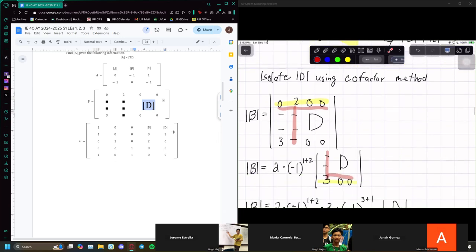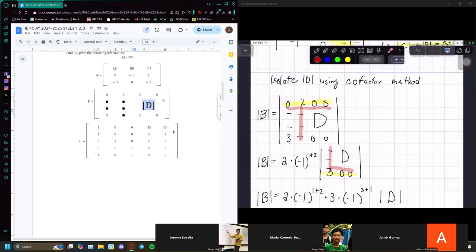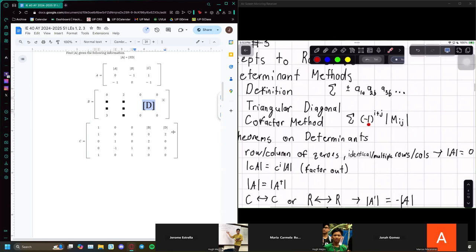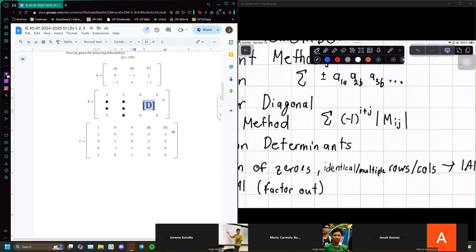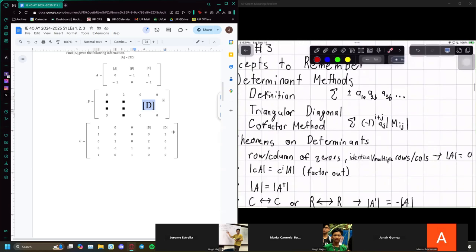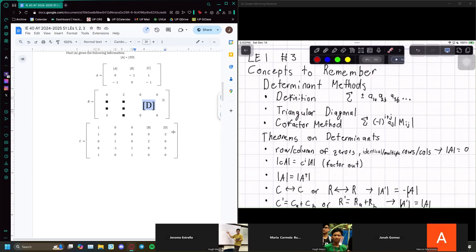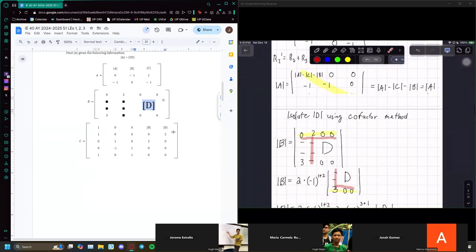So we want to isolate this D using the cofactor method. The cofactor method is the sum of the products of the cell that you chose and its, what's it called, complementary minor, I think.